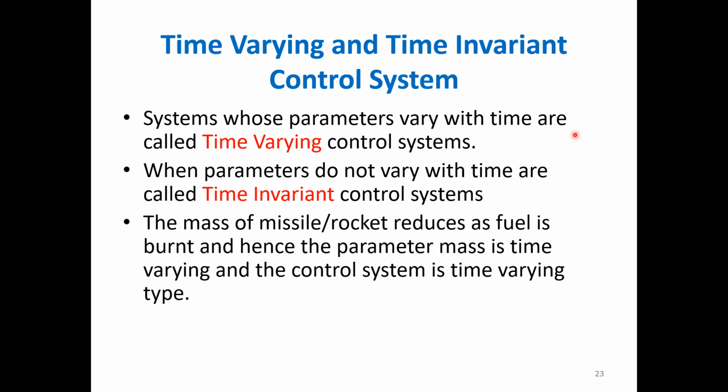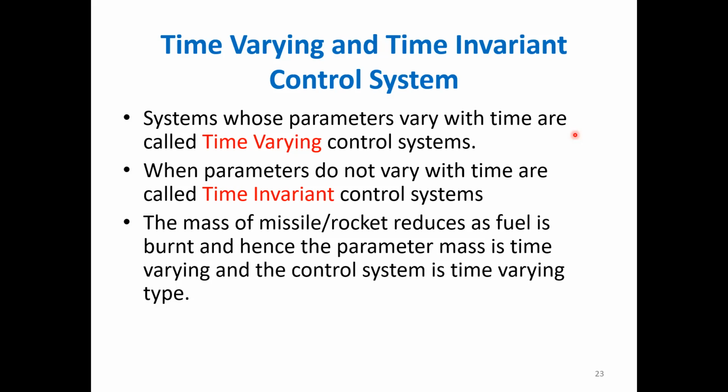See, the mass of a missile rocket reduces as fuel is burned, so the parameter mass is time varying and the control system is time varying type. The simple example is here. It is an example of a time varying control system.